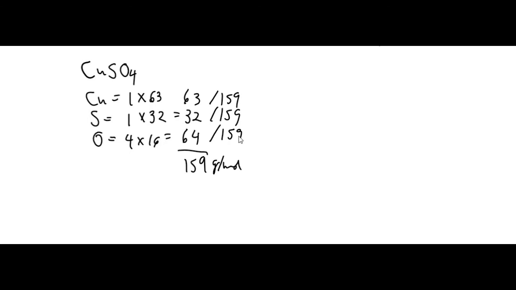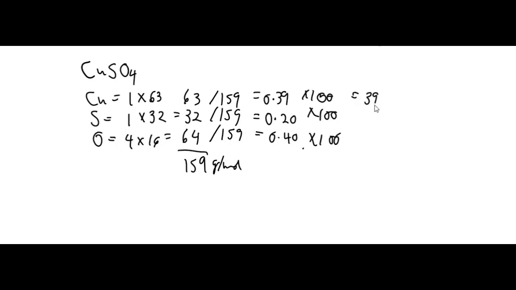Okay, 63 divided by 159, 0.39. 32 divided by 159, 0.2. Okay, 64 divided by 159 was 0.40. So we have to multiply this by 100. There you go. So this is 39%, 20%, and 40%.